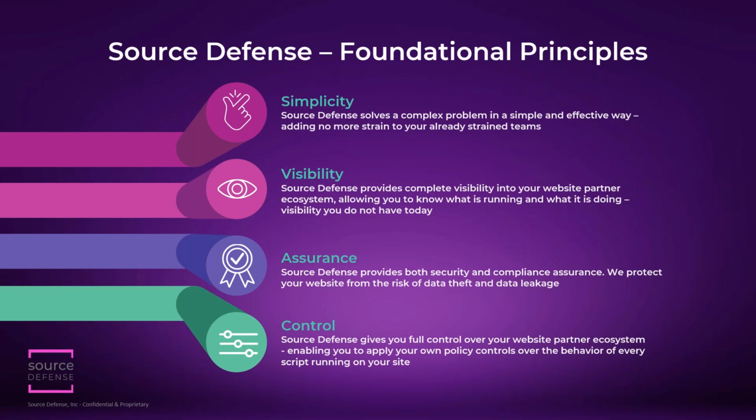You're assured that you've got the problem solved. And then we can go a step further and actually provide control of how code executes in the browser, particularly those third and fourth and fifth party pieces of software. So the idea is not only can you see and know, but you can do something to control what's going on in your web pages, which lets you check those boxes that PCI is now requiring.